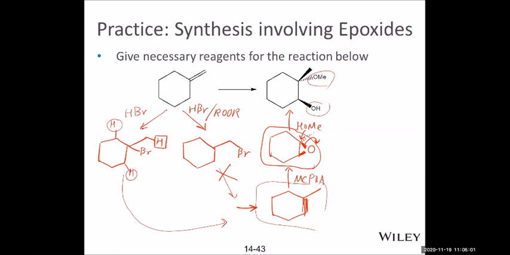The elimination will take place on the less hindered side if the base is very bulky, like t-BuOK. So we need to try both. Let's try that with t-BuOK.